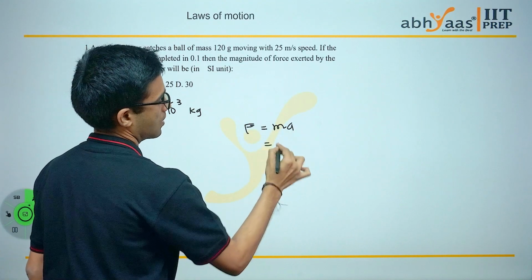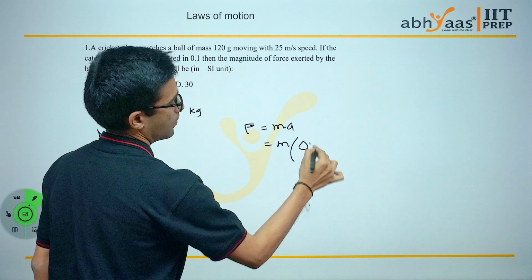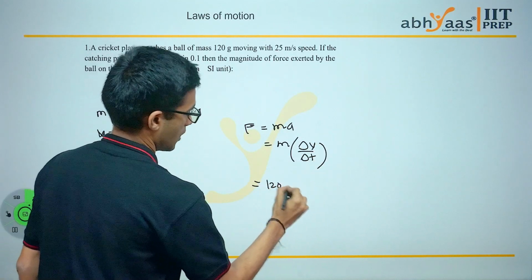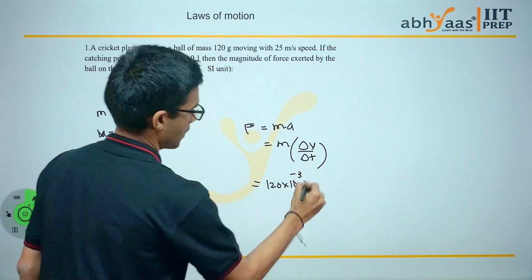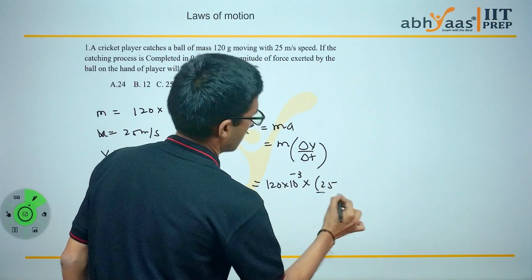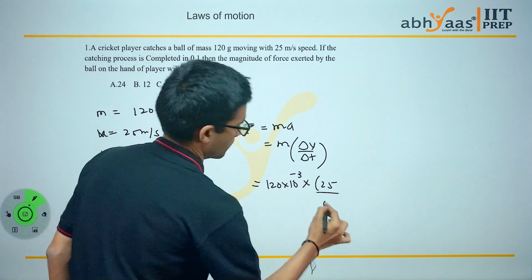Time is 0.1 second. So it is a direct question: force is equal to ma. From Newton's second law, F is m into delta V by delta T. M is 120 into 10 power minus 3, delta V is 25 minus 0, that is 25, divided by delta T, which is 0.1.